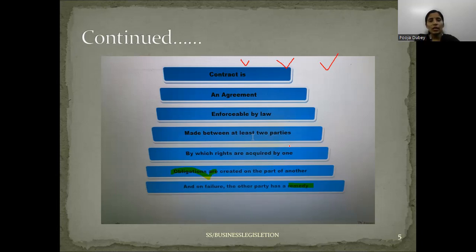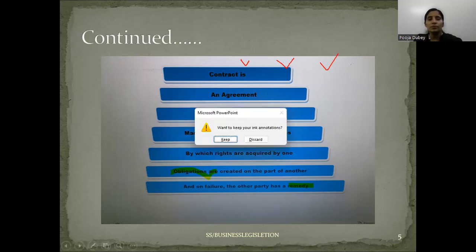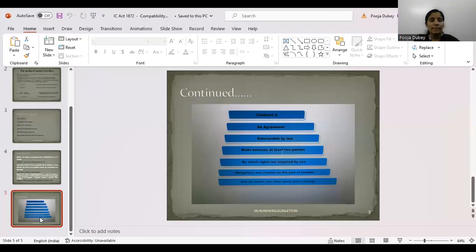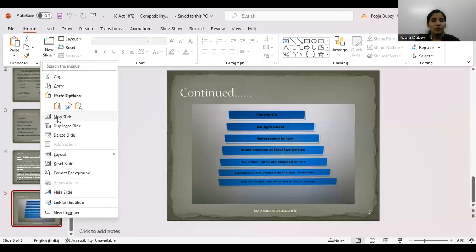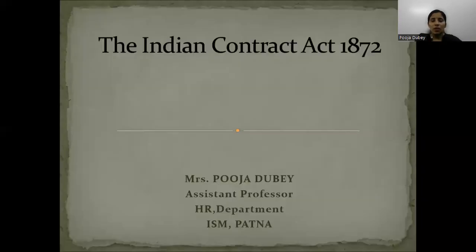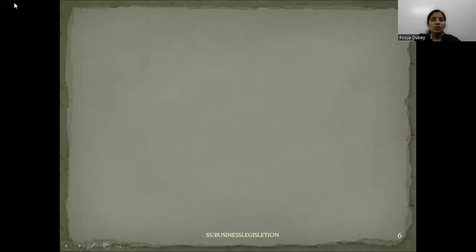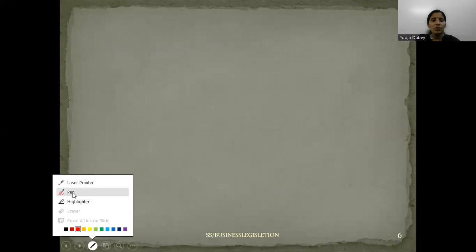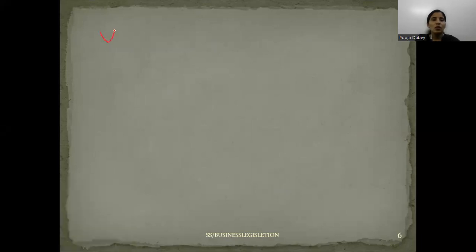Today I'll take a plain paper so that I can make you learn in a more suitable way. Just wait for a moment. Now, when it comes to enforceability by law, there are three types of contract: valid, void, and voidable.